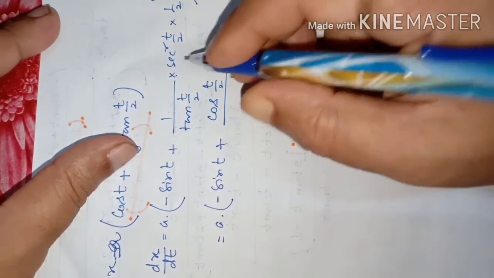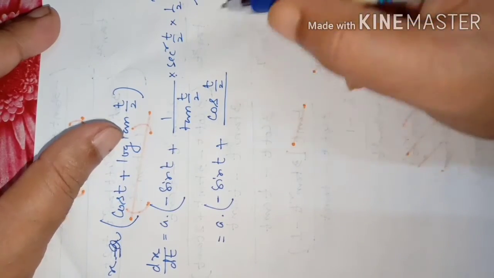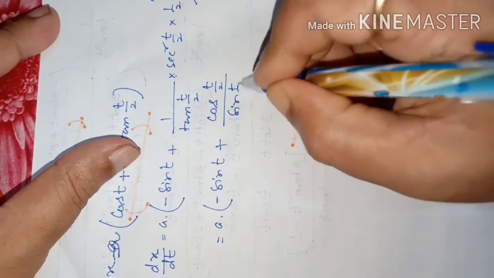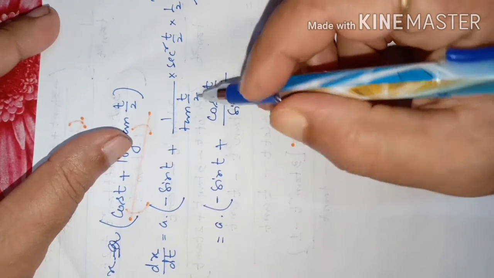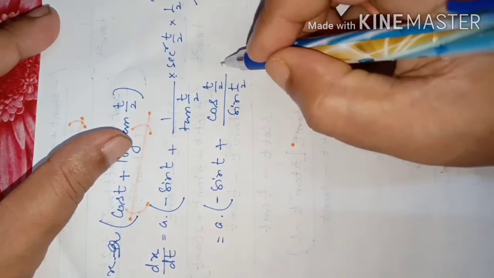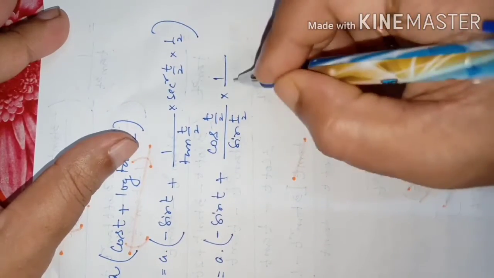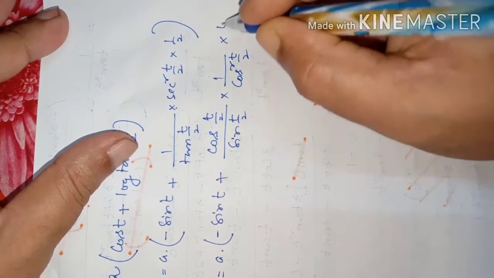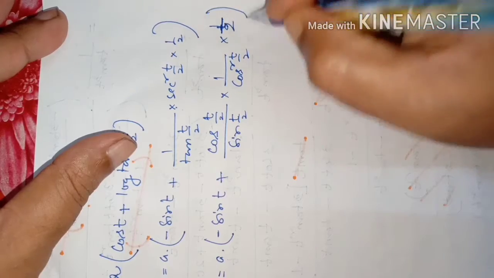The benefit of writing this way is that here is sec. So sec is 1 by cos. So it will be now sin t by 2 into, because 1 by tan it was, so I have written it as cos by sin, into sec square, sec square can be written as 1 by cos square t by 2, into 1 by 2.